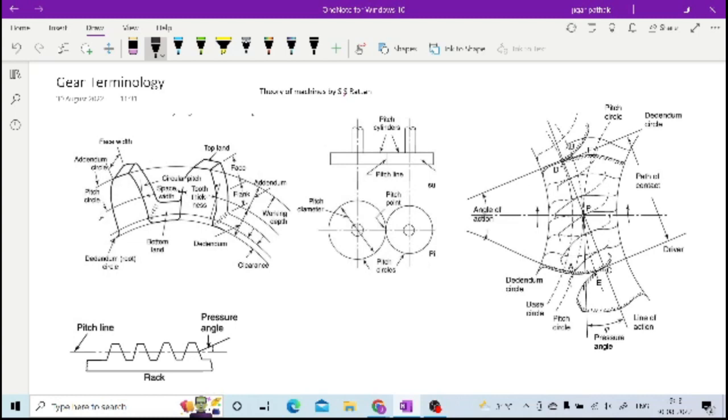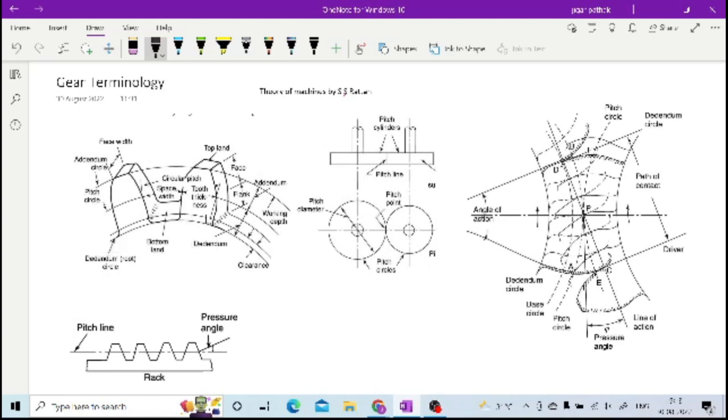Now apart from the pitch circle you are having the addendum circle and dedendum circle. The addendum circle passes through the tip of every tooth of your gear, while the dedendum circle passes through the base of every tooth of your gear.